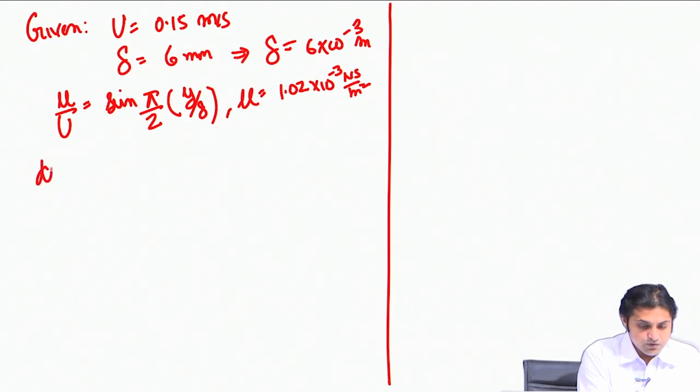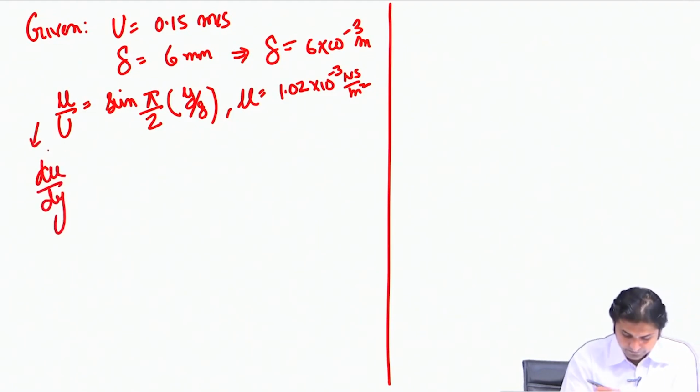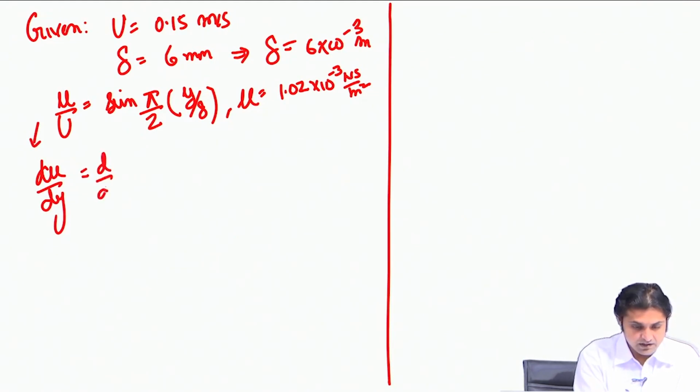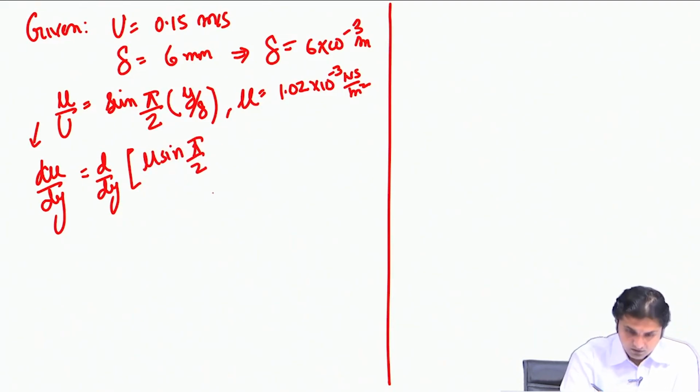So, now we do du by dy, that gives us d by dy of capital U sine of pi by 2 y by delta.